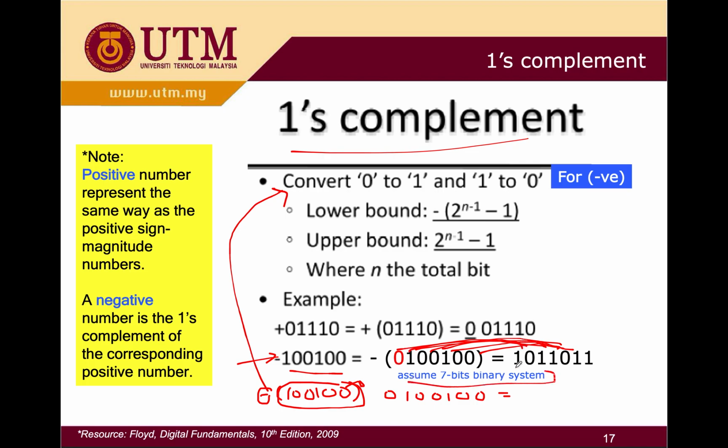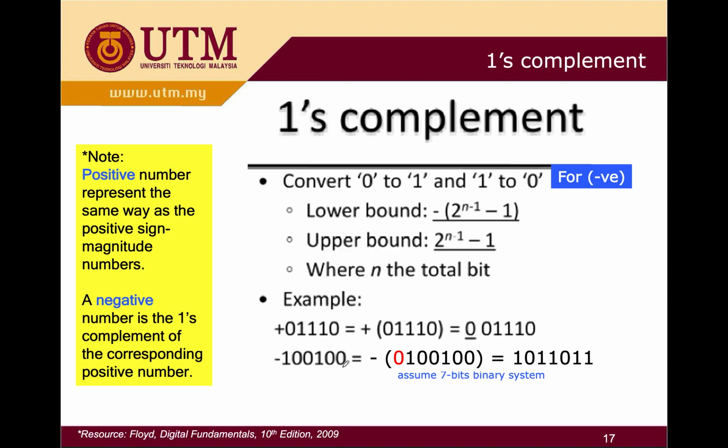So this one, why is there a 0 in front? It is because, let's say in the question you were given a 7-bit binary system, but the answer, if just straight from this number, is 1 0 0 1 0 0. I didn't convert it correctly. Sorry. Let me start again. This one I change directly to below, so I can see it clearly.